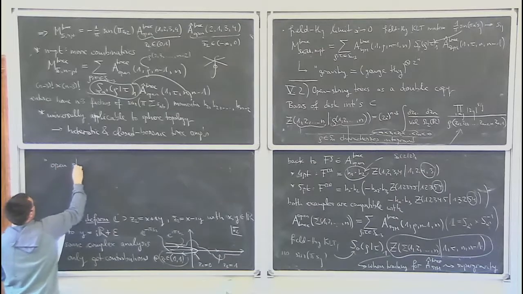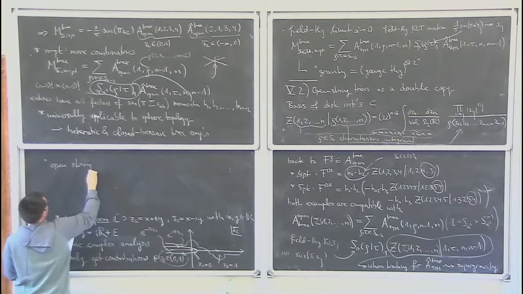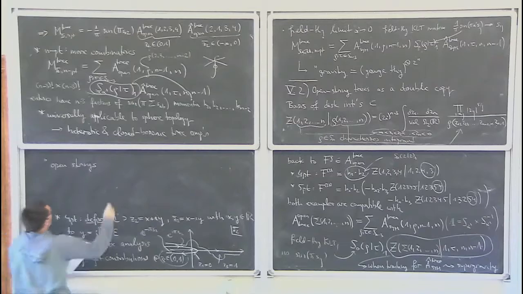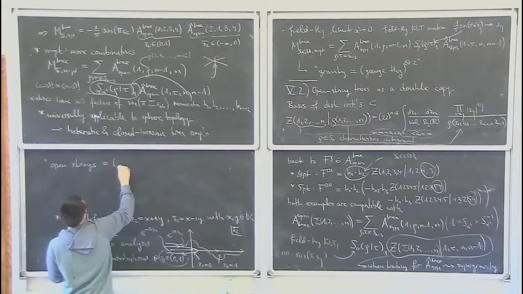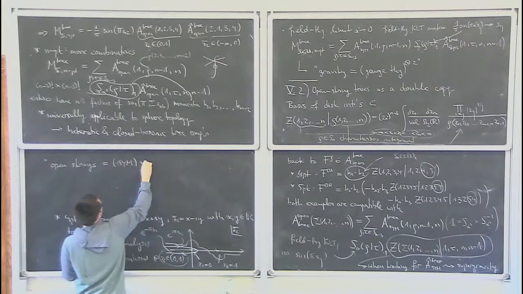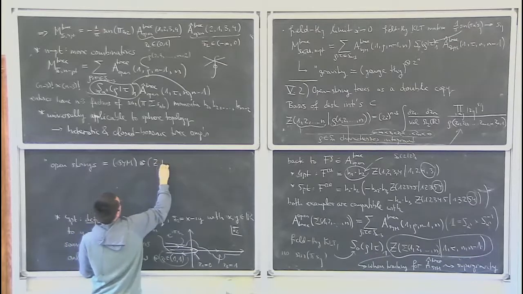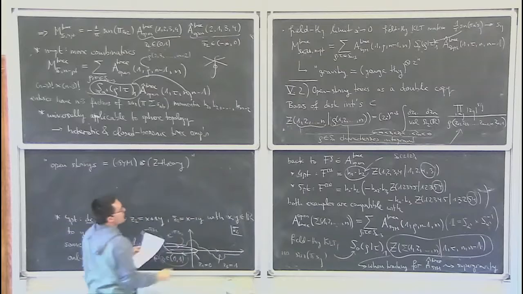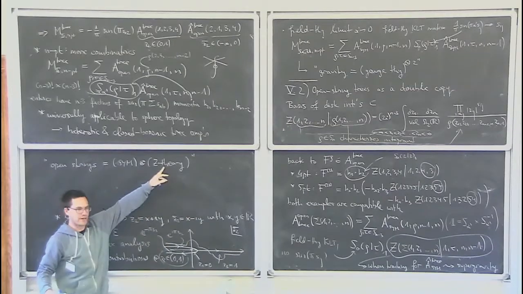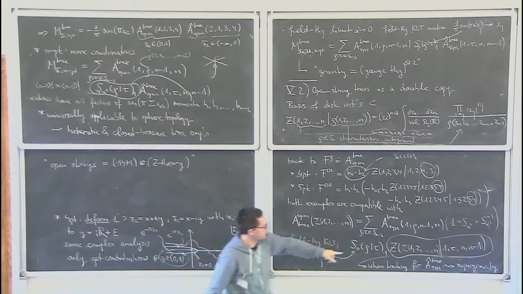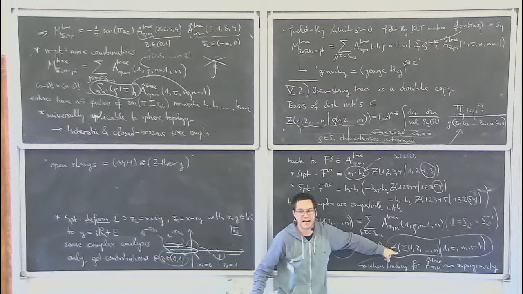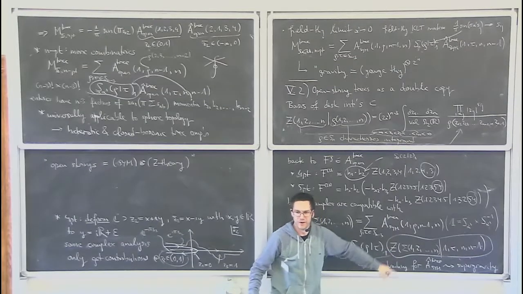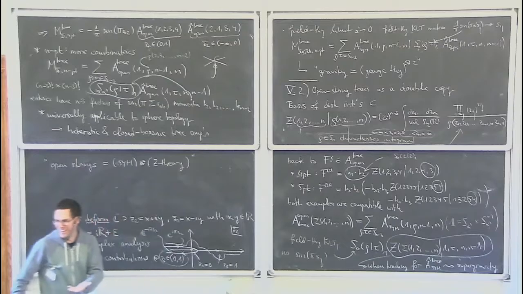So the provocative question is, can we conclude from this double copy formula that open strings are a double copy of super Yang-Mills times, let's take the term Z theory as a working title, a theory which is defined by producing these Zs as its amplitudes. This is, of course, a very bold fantasy.